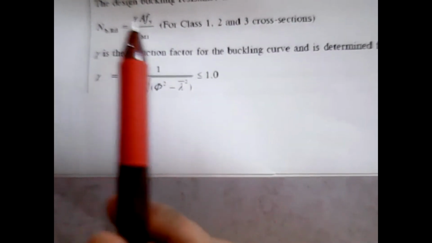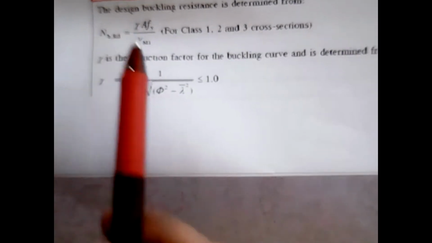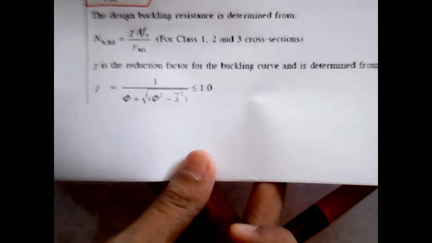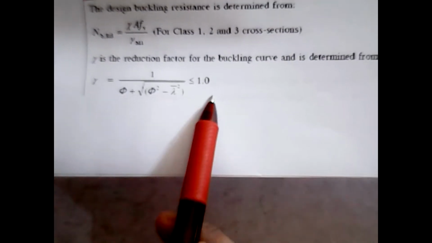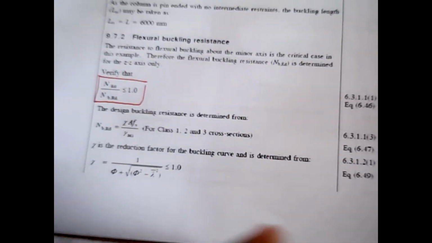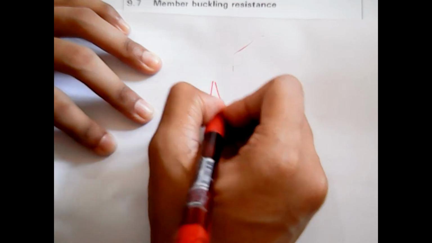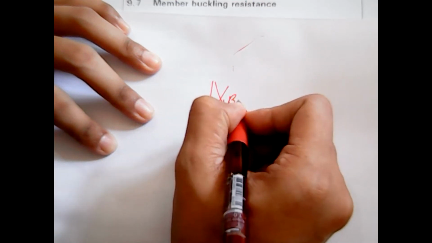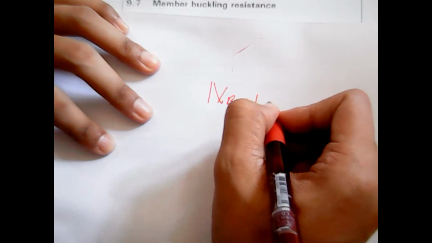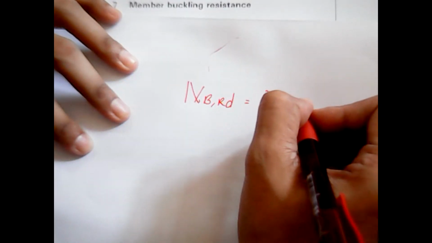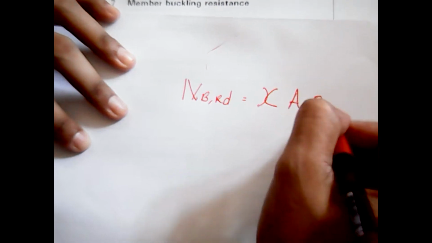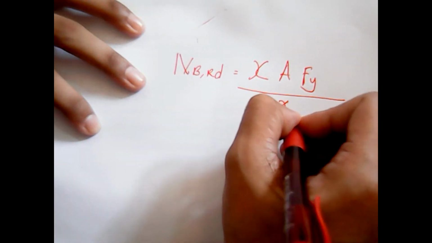So basically you need to find the reduction factor, and the way to get the reduction factor is quite long and extensive. So if you like, let me derive it for you. Your NBRD is equivalent to the reduction factor times the area times Fy over gamma M1.